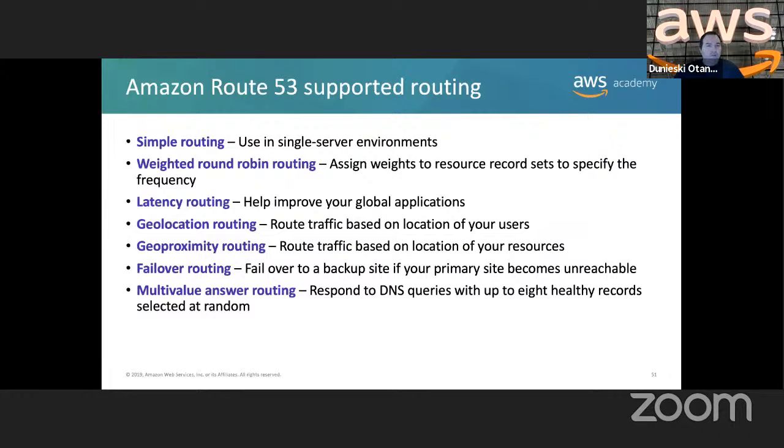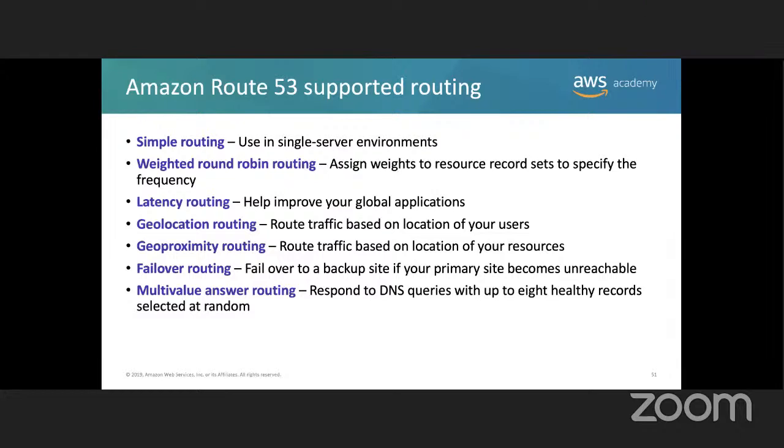So these are the supported routing policies that Route 53 has, right? Now, the first one is weighted. Well, actually, the first one is simple routing. Weighted is the second one. Simple routing is used in single server environments.